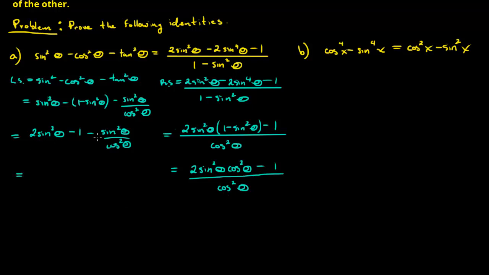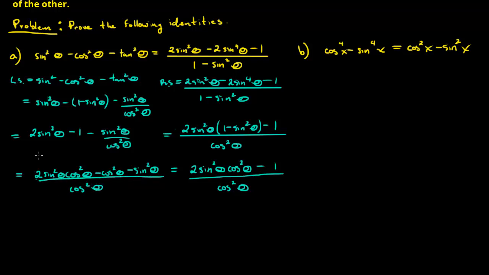So here I can find a common denominator. I can multiply 2 sine squared theta minus 1 by cos squared theta. And I get 2 sine squared theta cos squared theta minus cos squared theta minus sine squared theta, all divided by cos squared theta.